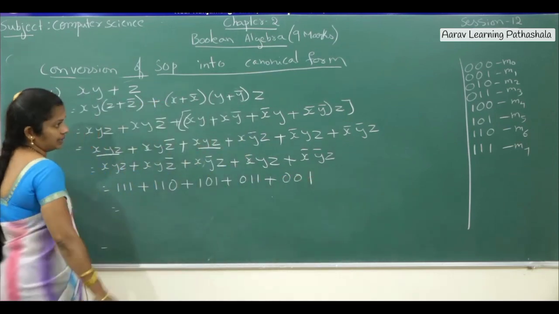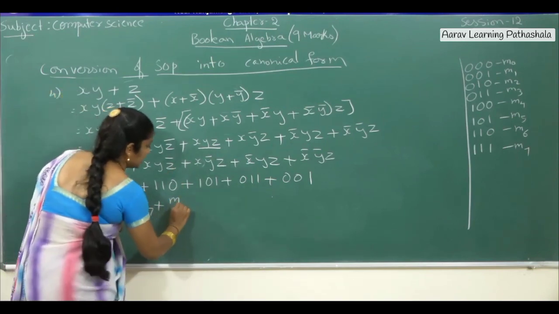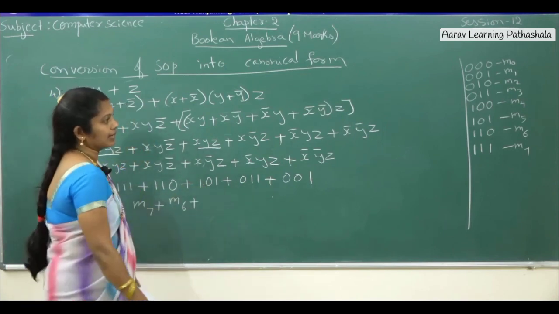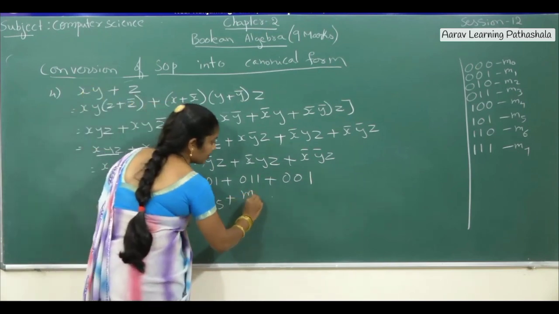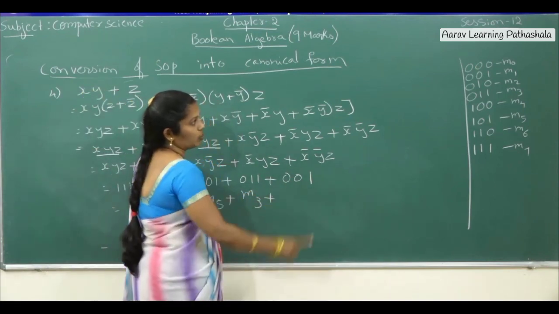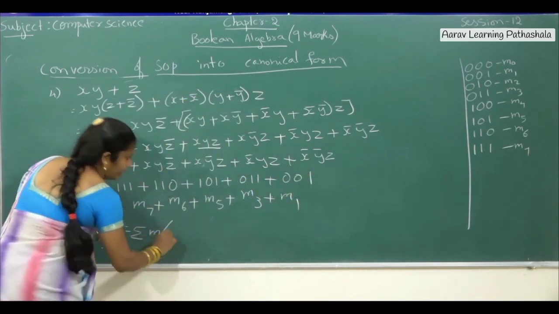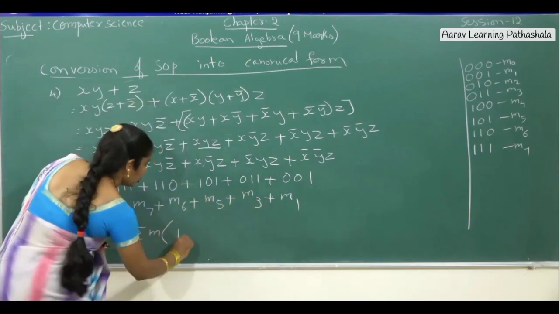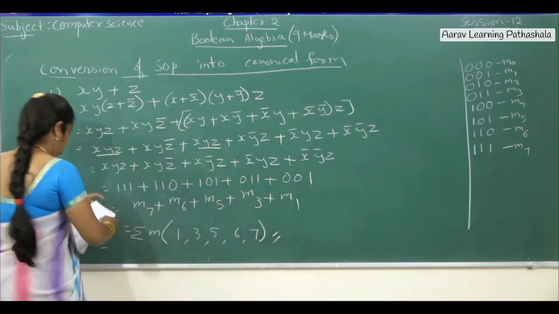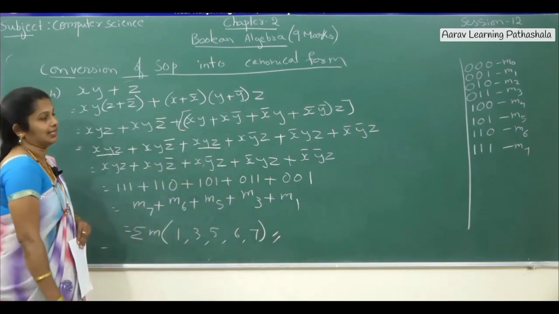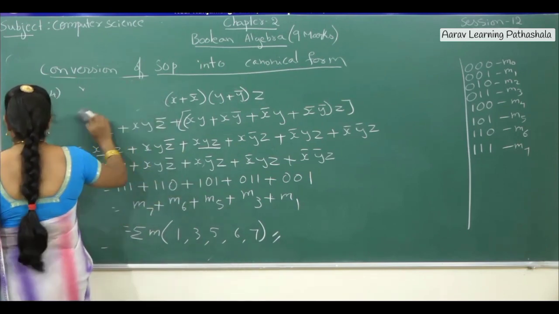Now write the equivalent designation: M7 plus 110 represents M6 plus 101 represents M5 plus 011 represents M3 plus 001 represents M1. Therefore, the final canonical form is sigma small m of, in ascending order, 1, 3, 5, 6, 7. This is the canonical form of sum of product form.